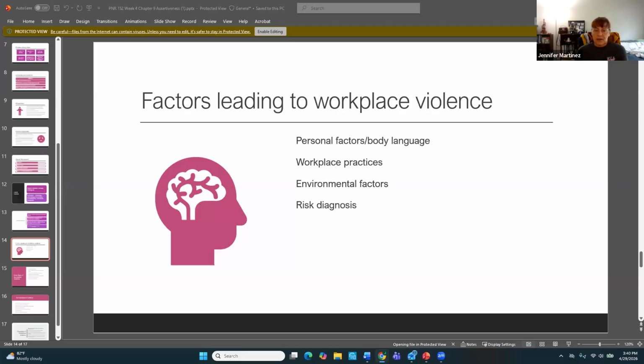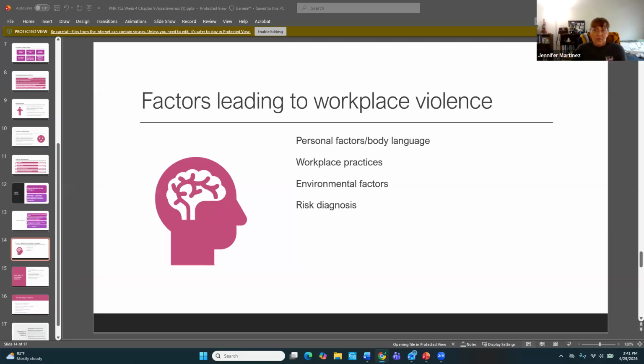Okay. What's going on in their lives, in their head. If they're having some personal issues, right? Of course, that's going to be one of the biggest things that we need to worry about. But what are those personal factors?